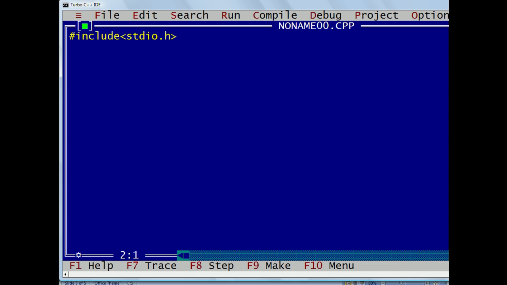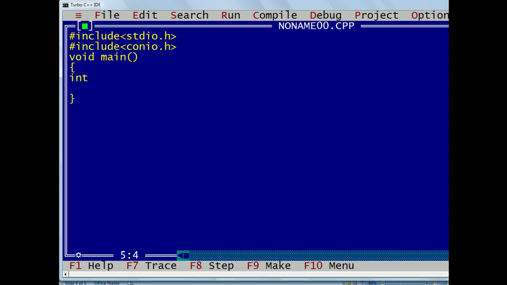Let me write one more header file, include conio.h, because I'm going to use clrscr here, the clear screen function. So void main, curly braces open and close.